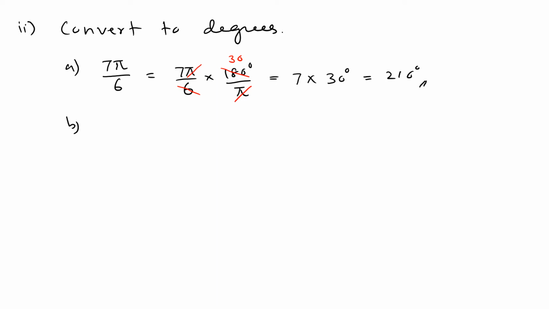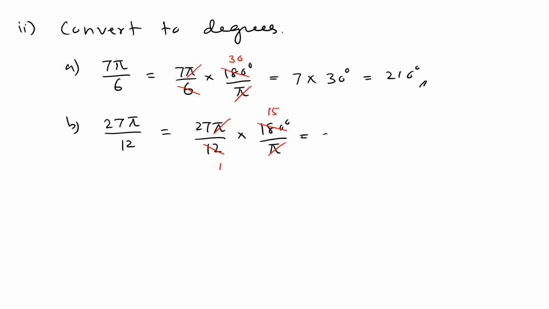And then part B, we have 27 pi over 12, and again as before we have 27 pi over 12 times 180 over pi. Again you cancel pi, and then 12. How many 12s? There is 1 of them, and then there are 15 of them.